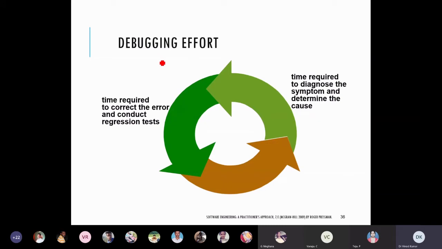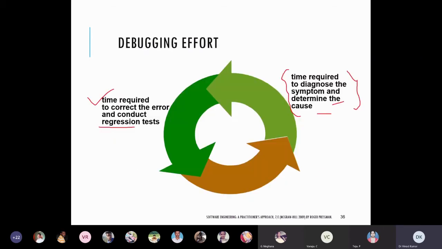So what effort, in which area, do we put in at the time of debugging? We put in the time required to diagnose the symptoms and determine the causes. Whatever the reason is, we put in the effort and time to diagnose those problems. Next, effort is made towards correcting the errors and conducting the regression tests.